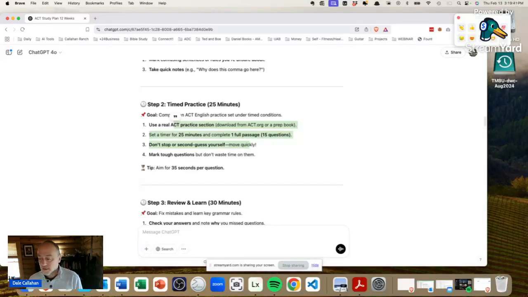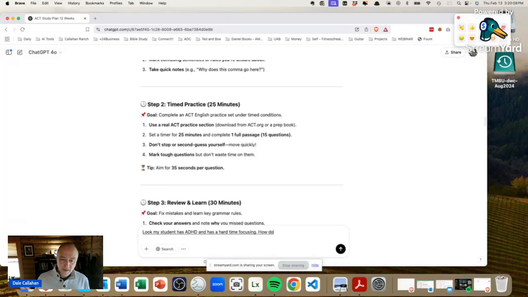This is really all I'm trying to do, demonstrate how you get a plan together. I could ask it for more detail. I could come back and say, look, my student has ADHD and has a hard time focusing for long periods.